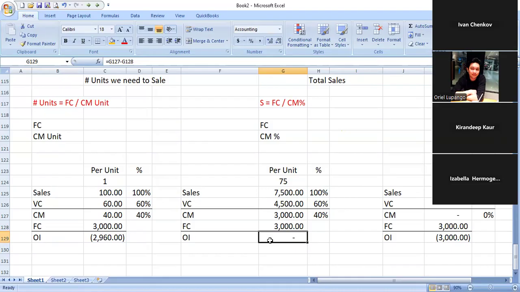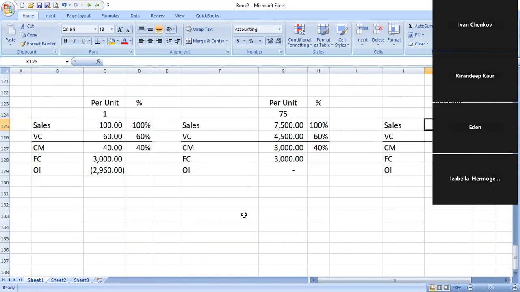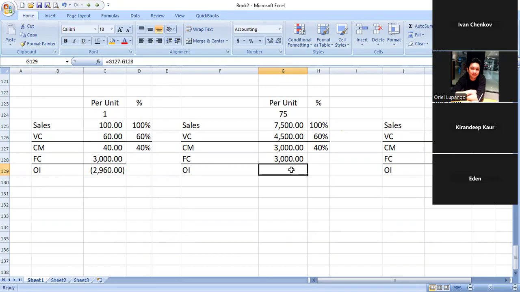The question is, do you want to stay at break even? No. What do you want? Profit. How much profit do you want? This is the only question that we have to ask ourselves. How much operating income do you want? Give me some random number up to 50,000. 50,000.